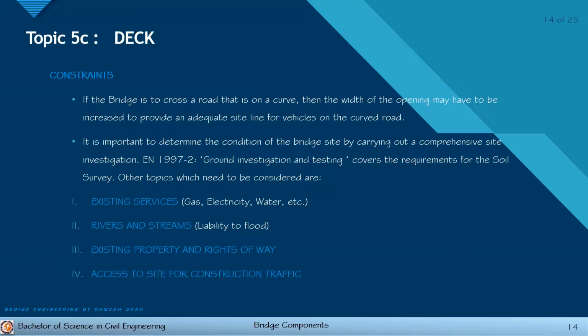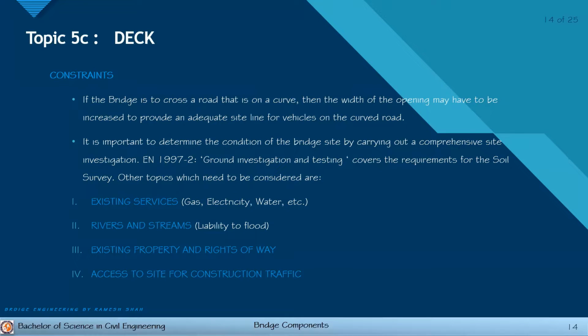Existing property and rights of way. Ano bang mga right of way natin doon sa ating site. Access to site for construction traffic, ganyan. Kailangan din natin yan. Siguro ito yung mga apat na variables na ating considered na most mahirap i-resolve during the construction of the deck.